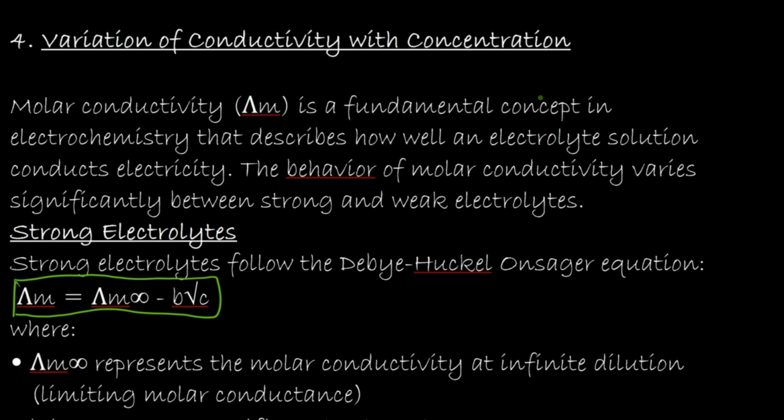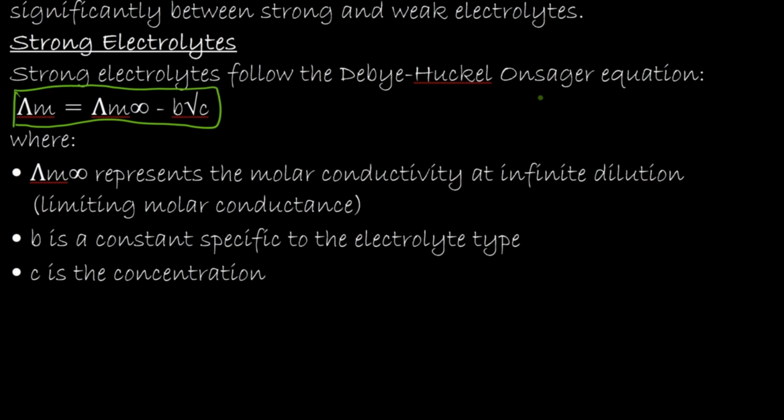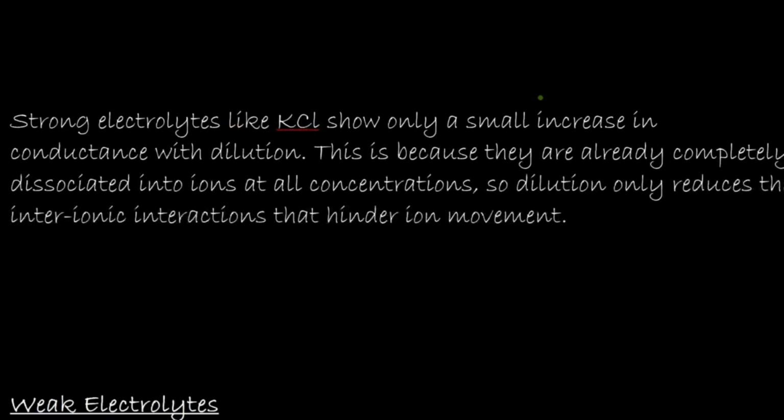Lambda M equals Lambda M infinity, the molar conductivity at infinite dilution, minus B root C. B is a constant specific to the electrolyte type and C is the concentration. Okay, so note down this formula and use it when they ask questions related to this.